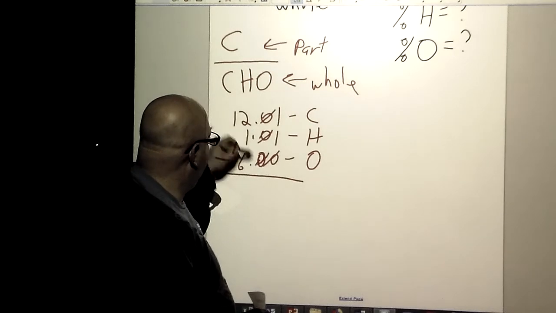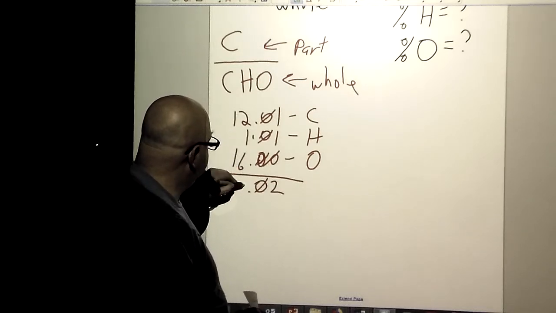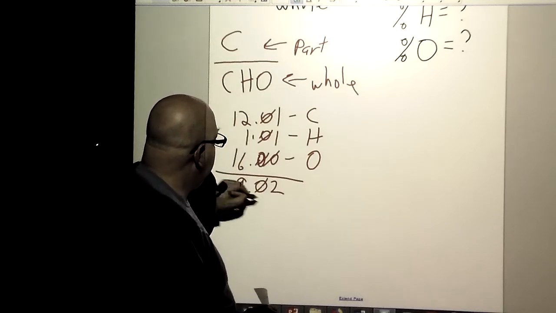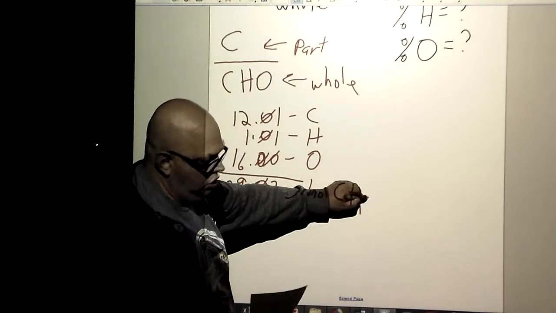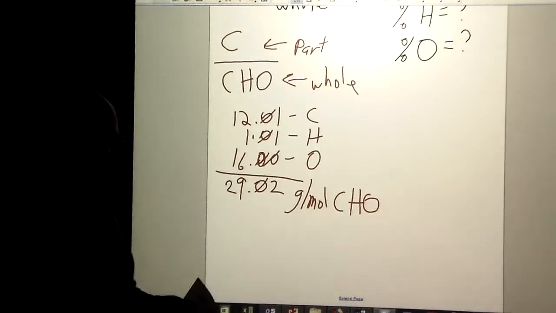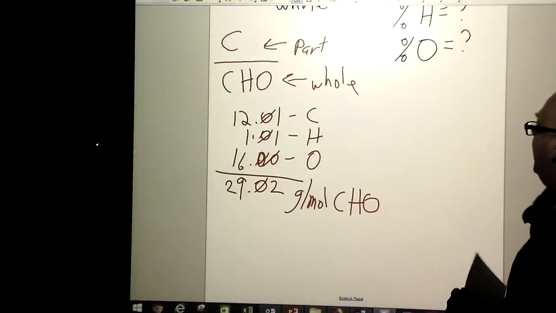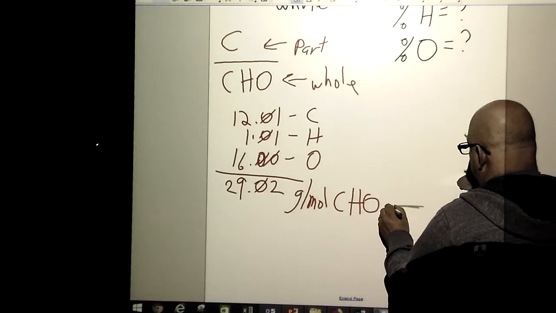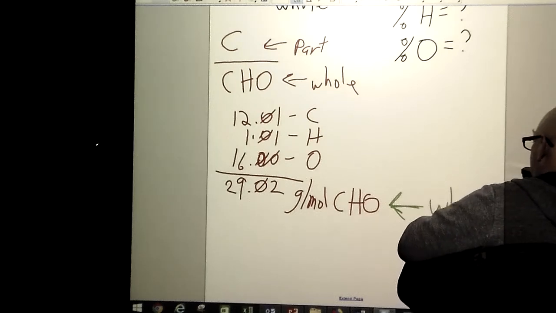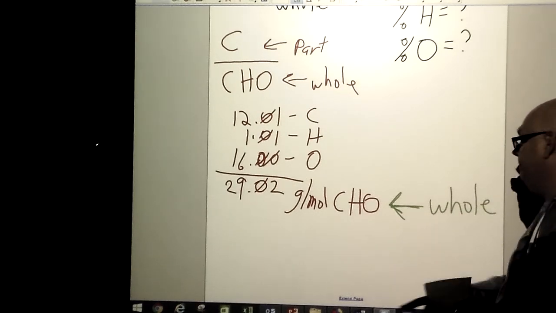So I got 0.02. 2 and 1 is 3, 3 and 6 is 9, 29.02 grams per mole of CHO. Okay? That's what we have. So now we have this, ladies and gentlemen, is the whole. That's the whole by mass. That's what we're looking at.